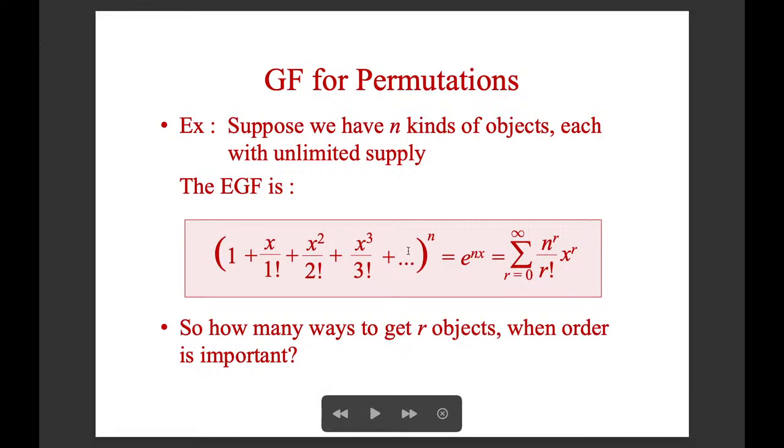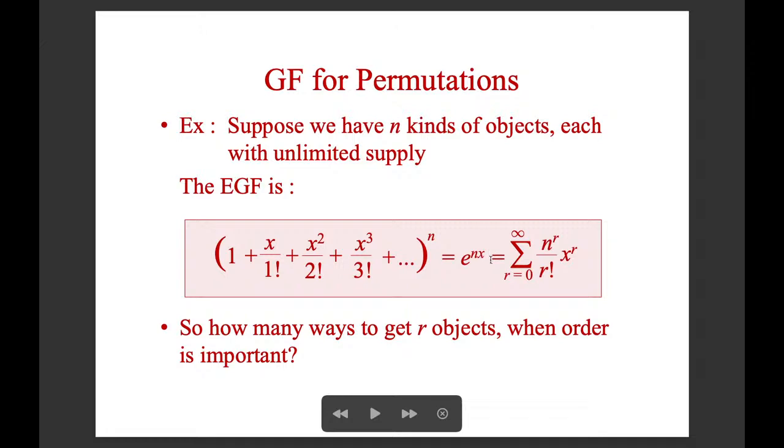And then this time we want to get the permutation of n kinds of objects, so we just multiply the EGFs of them, and we will get e to the power nx. And then e to the power nx is what?